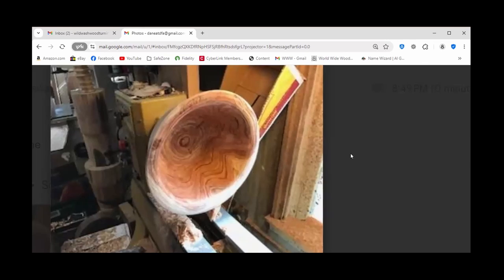The first one is a Leland cypress, right down the pith, and it's end grain. Does everybody see that? Yeah, that one's end grain. Now the other picture is side grain.